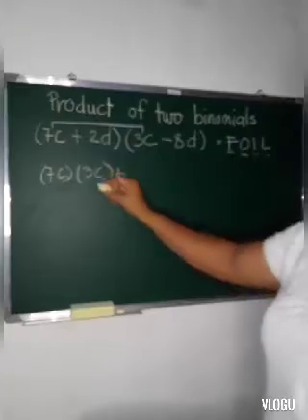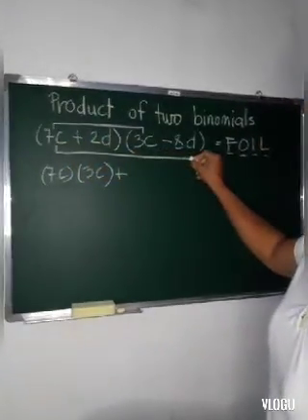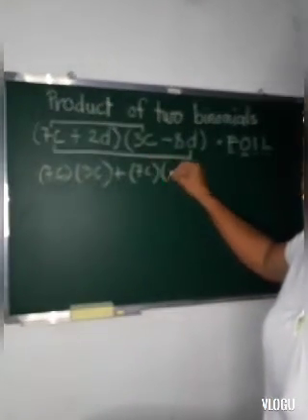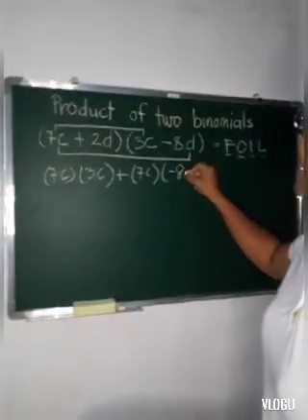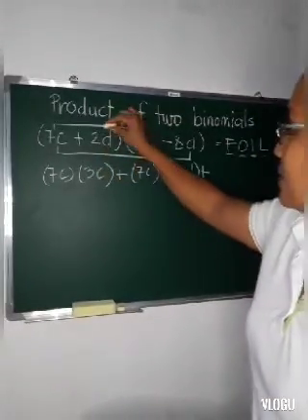Outer. So meaning to say we have the outer one, 7C and negative 8D. So 7C multiplied with negative 8D, plus inner, meaning to say the two inner, this one and this one.